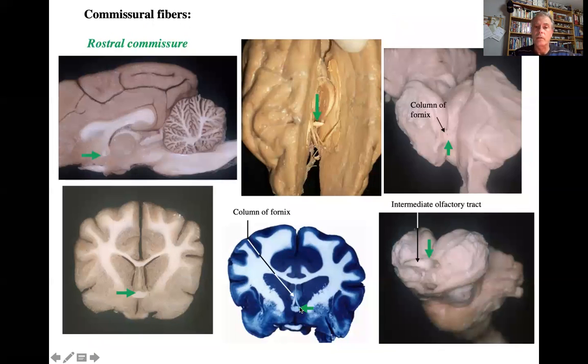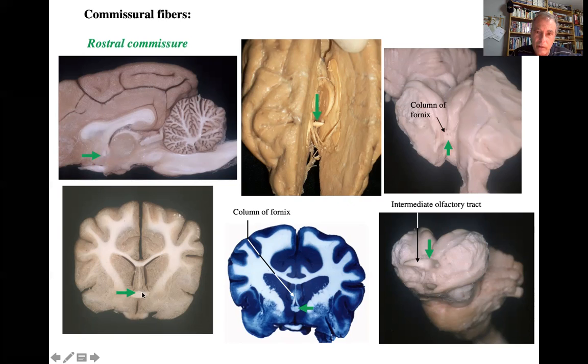The rostral commissure, as we have explained before, communicates the olfactory bulbs. Where is this commissure located? It is located just rostral to the columns of the fornix, right here. Right here is the rostral commissure.